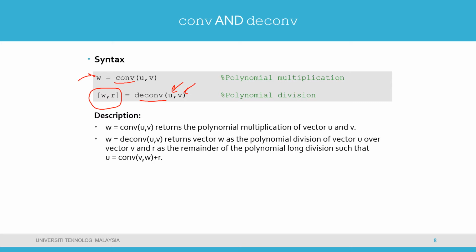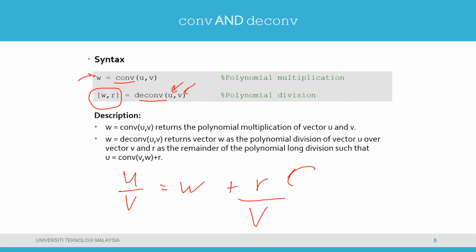So what it means is that if, for example, you divide u by v, of course you get the answer w. And then you have the residual, plus the residual, and don't forget to divide by v. This one cannot be divided further, so that's why you have to write it like this.